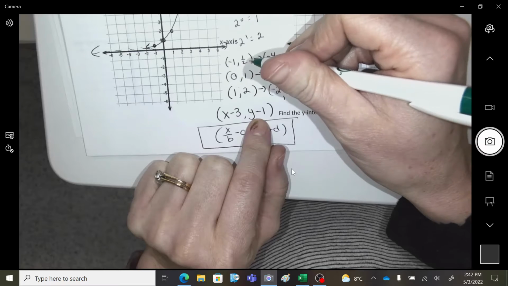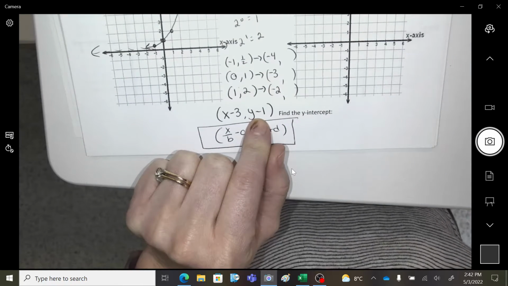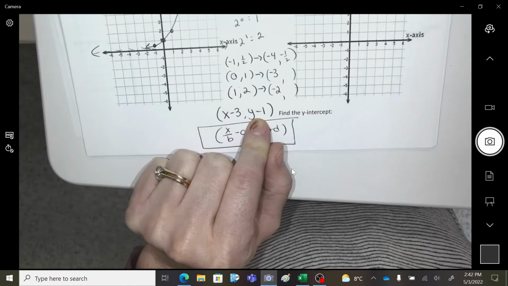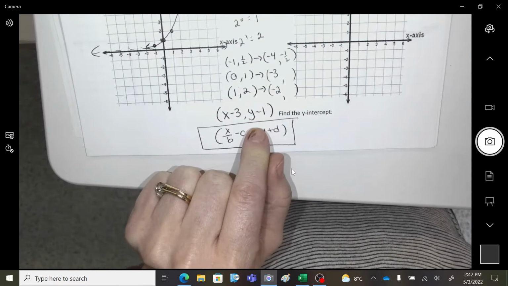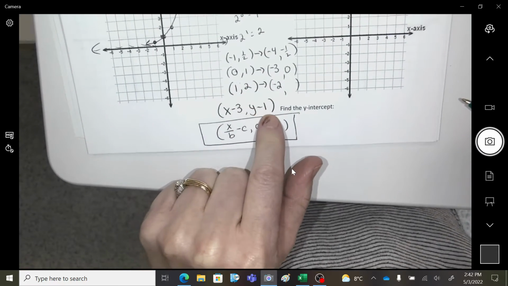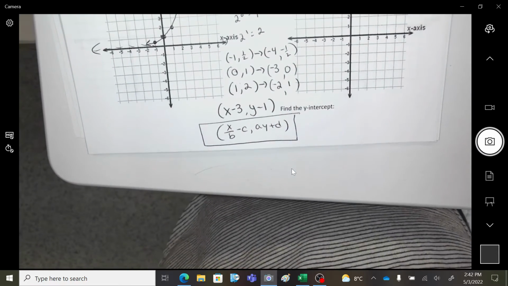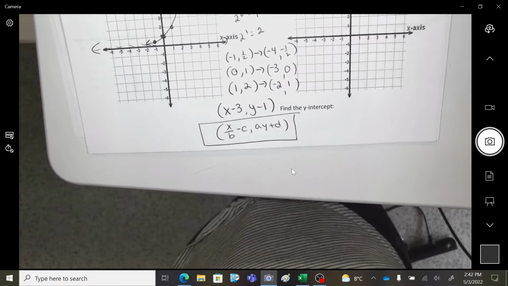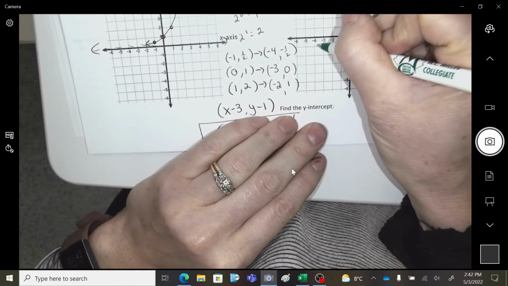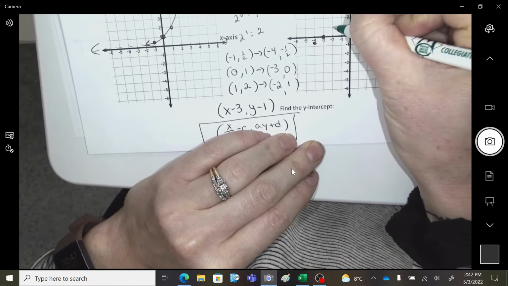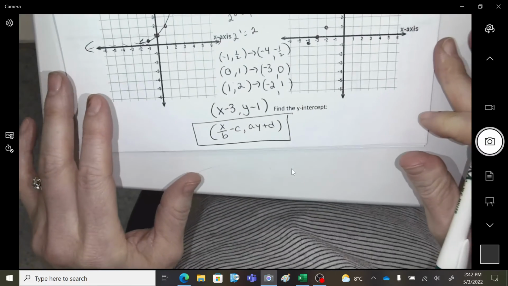So what's a half minus 1? Negative a half. What's 1 minus 1? 0. 2 minus 1 is 1. Okay, so I'm going to graph those 3 points. So negative 4, negative a half. Negative 3, 0, and negative 2, 1.